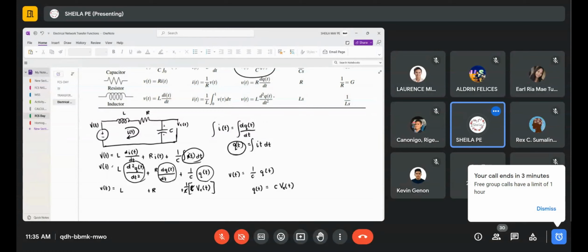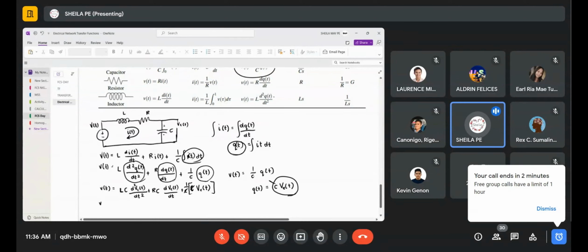For our R, we have our Q(t), which is differentiated, so that's RC dVC(t) over dt. For our L, since we have C here, that's LC, differentiated twice, second order, so that's d squared VC(t) over dt squared.